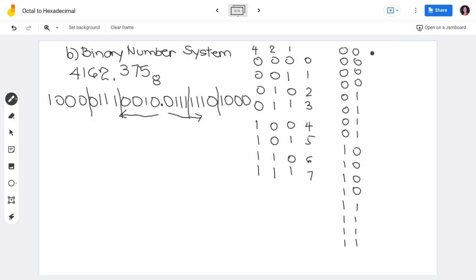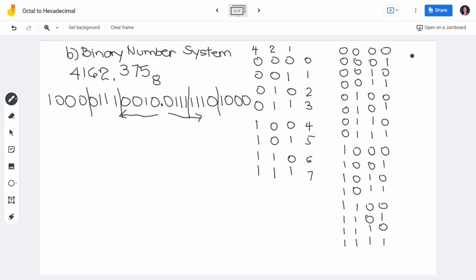For the next column, 2 zeros and 2 ones: 0, 0, 1, 1, repeated. And the last column is 0, 1, 0, 1, alternating.